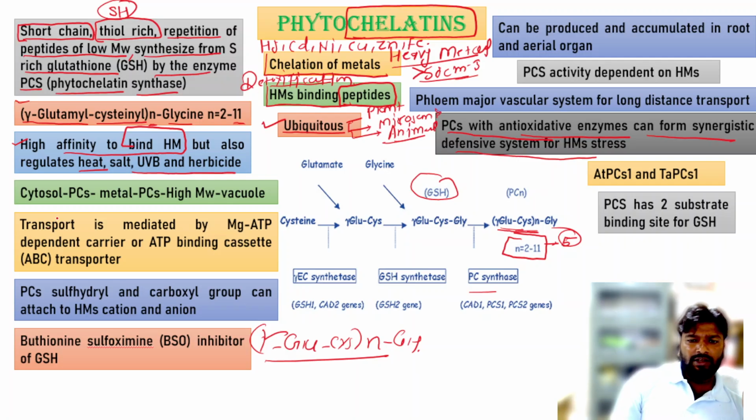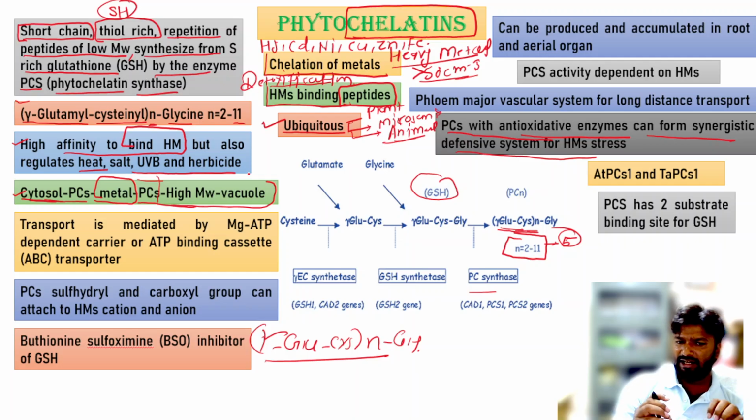Okay, so these phytochelatins are generally synthesized in the cytosol. Okay, and they bind to the metals and form a complex, that is the metal and PC complex, and are transported to the vacuoles. In the next slide, we will discuss the transport and degradation of these phytochelatins. So the transport is mediated by the magnesium ATP dependent carrier or the ATP binding cassette transporter present in the vacuoles.